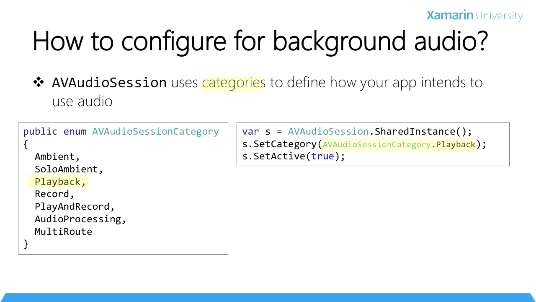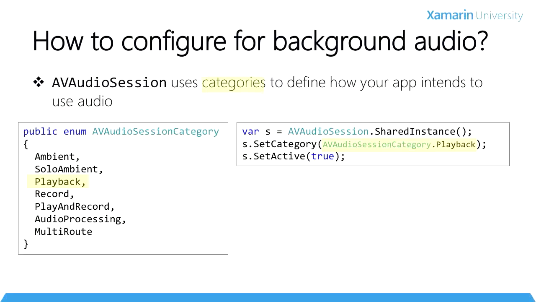Then we have, for instance, the ambient category. If you select that instead and set that as a category on the audio session, it will go silent if the screen is locked on your iPhone, and it'll also go silent if the silent switch is flipped. So this is the first thing we have to do. We configure our session.